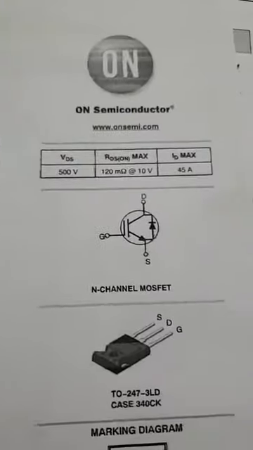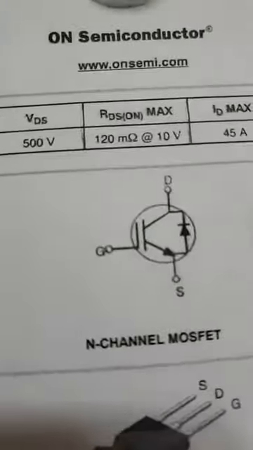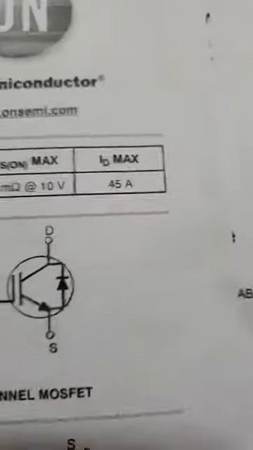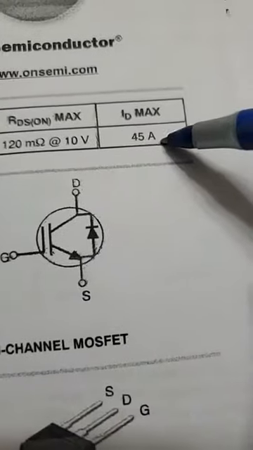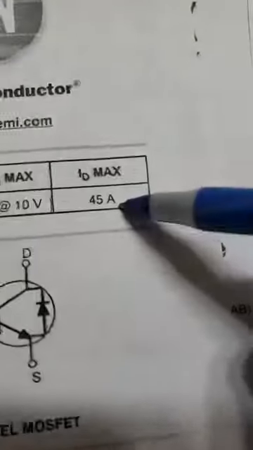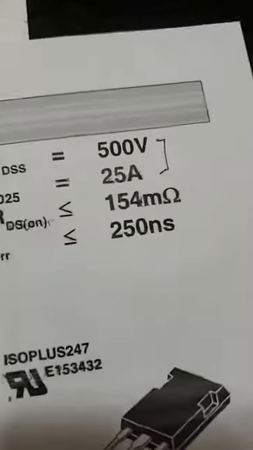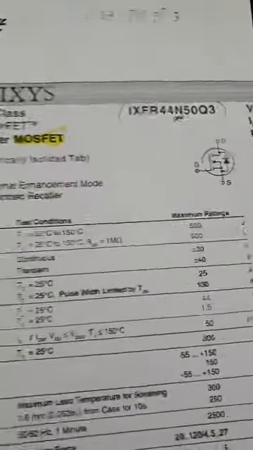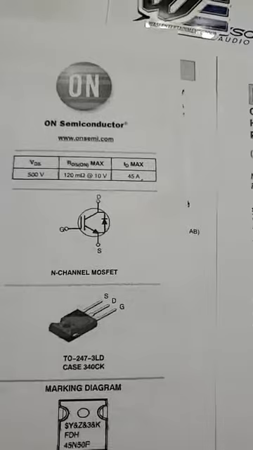The difference is this MOSFET handles 500 volts too, but look at the current difference. This one handles 45 amps. So this MOSFET handles way more amperage than this one. This one handles 25 amps. This one handles 45 amps. Both of these MOSFETs can be used in the same or a similar amplifier circuit, right?